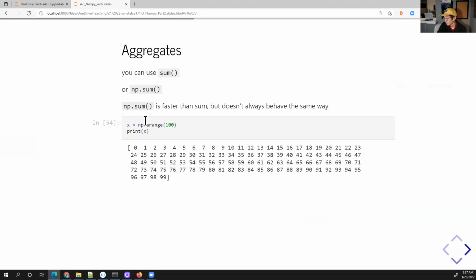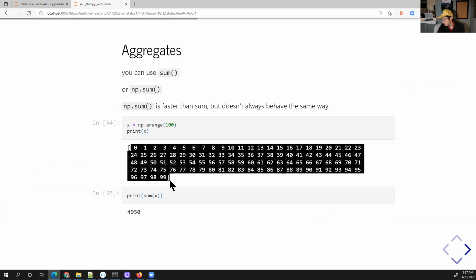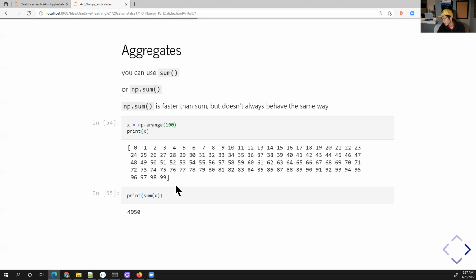We've got sum and we've got numpy.sum. Numpy.sum is faster than sum, but there are a few quirks in that they might not always give you what you want. Here I've got the integers 0 through 99, and if you sum them all up, you're going to get 4950. What's that? 99 times 100 divided by 2, the rule of n times n plus 1 over 2.